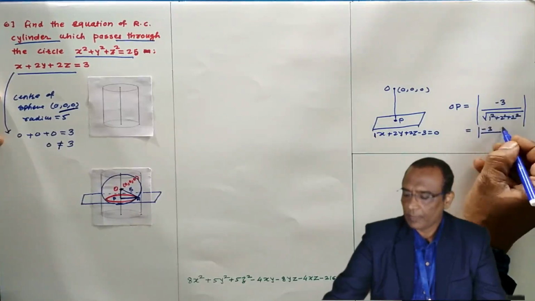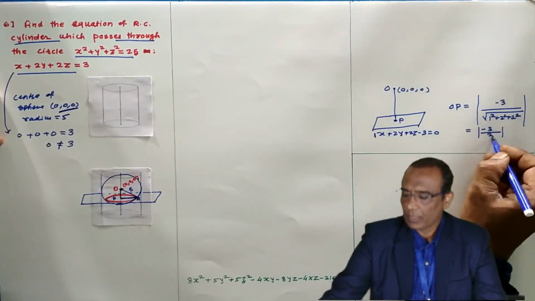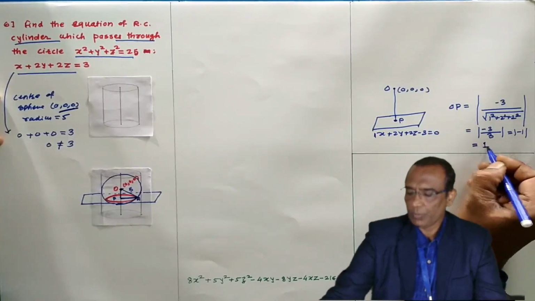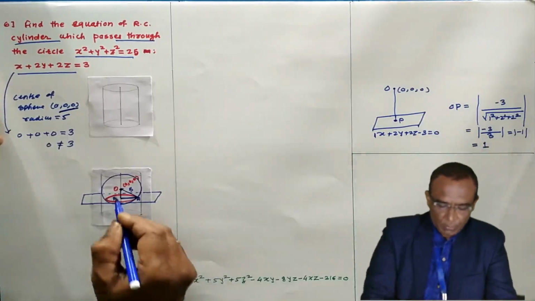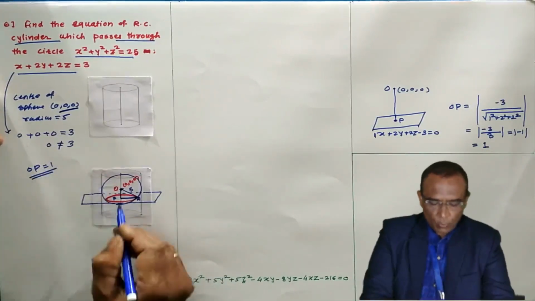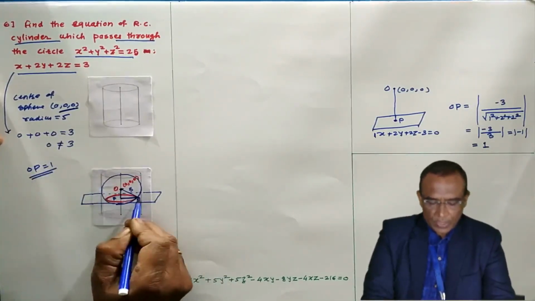Mod of minus 3, and the root of 9 is 3, and mod of minus 1 is equal to 1, and it is positive because it is a perpendicular distance. Means here OP is equal to 1, and OP is 1, OA is 5.